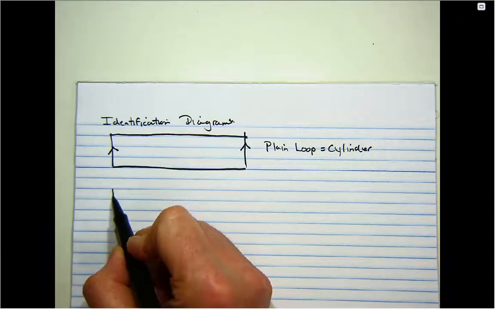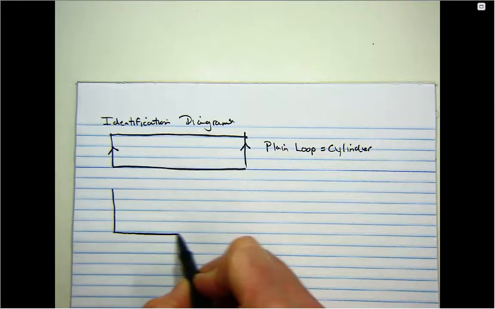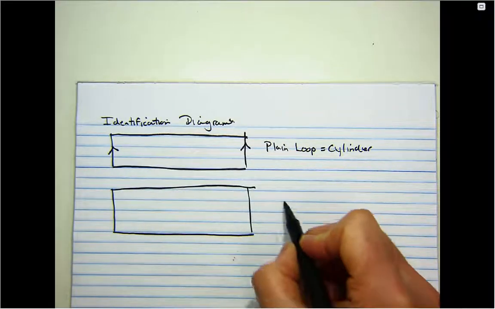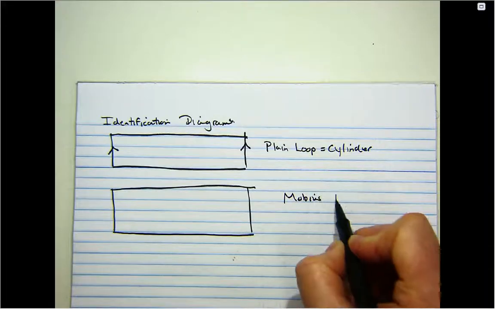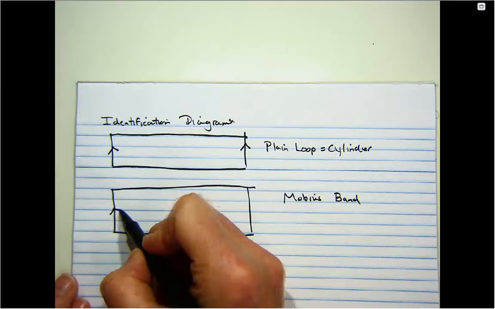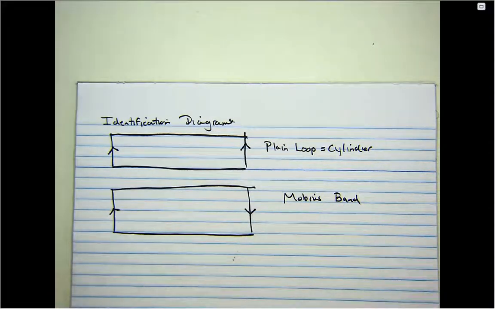So then the Mobius strip, the Mobius band, has an identification diagram that has 1 arrow up and 1 arrow down to show that when you connect, the 2 arrows have to be facing the same way. So I draw the identification diagram with 1 arrow up and 1 arrow down, and then when I actually make the connection, I'll just do that real quick.